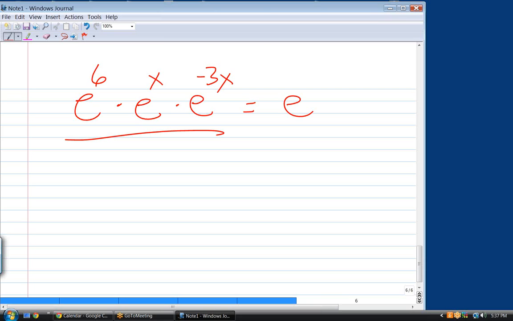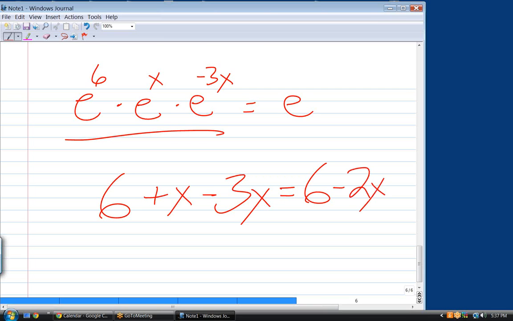What is 6 plus x minus 3x? Six minus 2x. So the thing about exponents is that when you're multiplying same base, you just add all the exponents. If you're dividing same base, you subtract all the exponents.